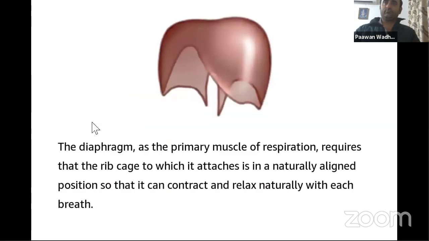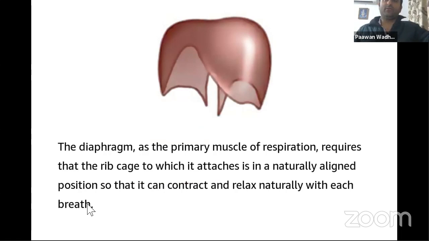The diaphragm, as the primary muscle of respiration, requires that the rib cage to which it attaches is in a naturally aligned position so that it can contract and relax naturally with each breath. So you should know this.